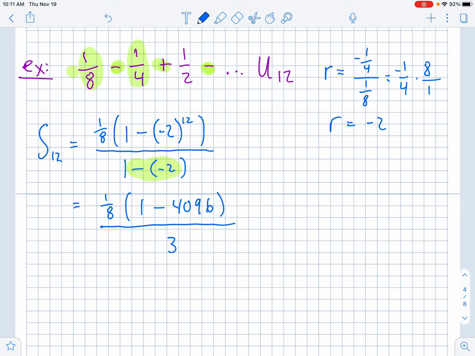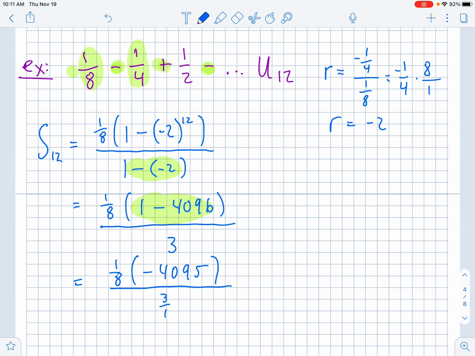What do I want to do next? Let's see. I mean, subtract in here. So this would be 1/8, 1 take away all that, which would just be -4095, all divided by 3.